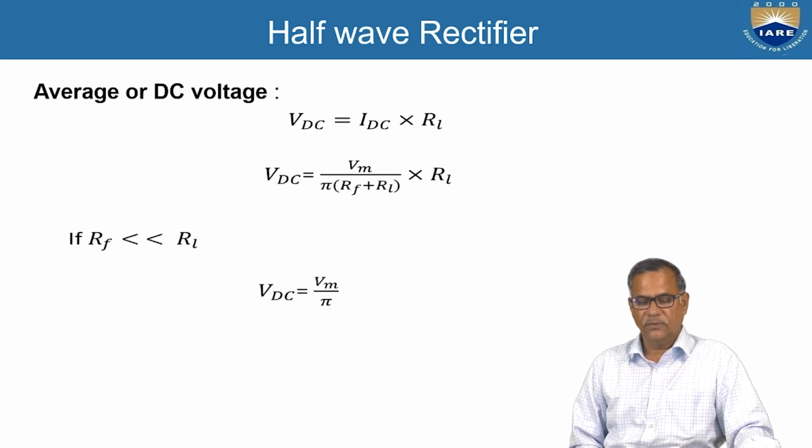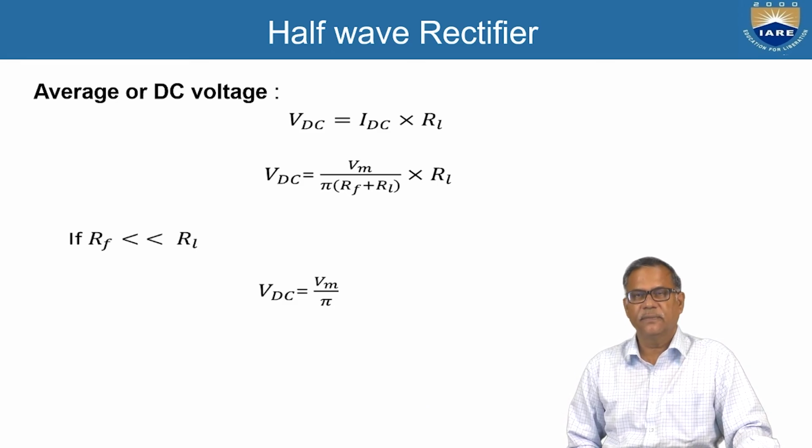And the average or DC voltage, VDC, is equal to IDC multiplied by the load resistance, that is Vm by pi, so this is the average DC voltage.